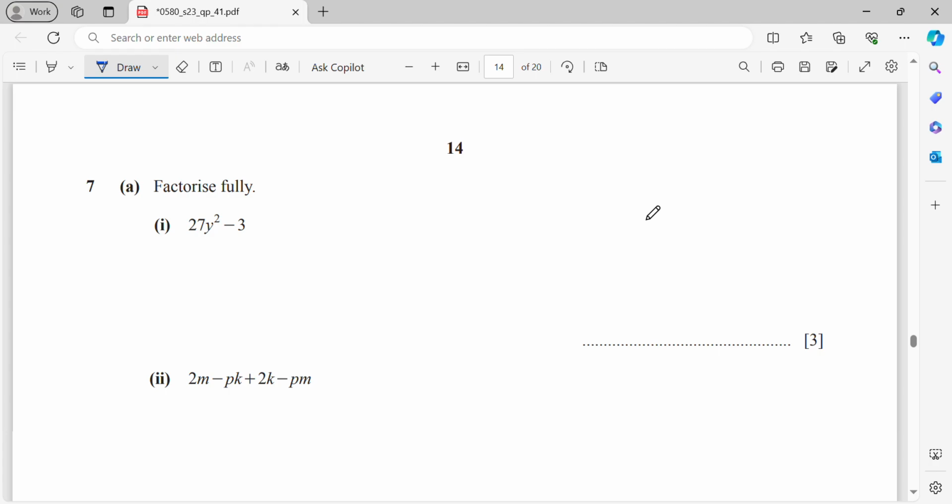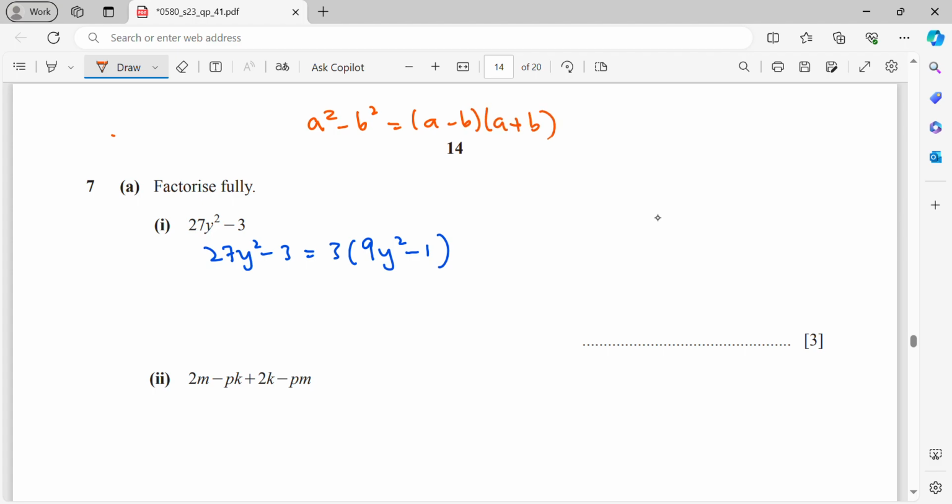Okay, now question number 7a. Factorize fully. First part, 27y squared minus 3. So for this 27y squared minus 3, I can factorize 3 first. It will be 9y squared minus 1. Then after that, we have a formula: a squared minus b squared is a minus b times a plus b.